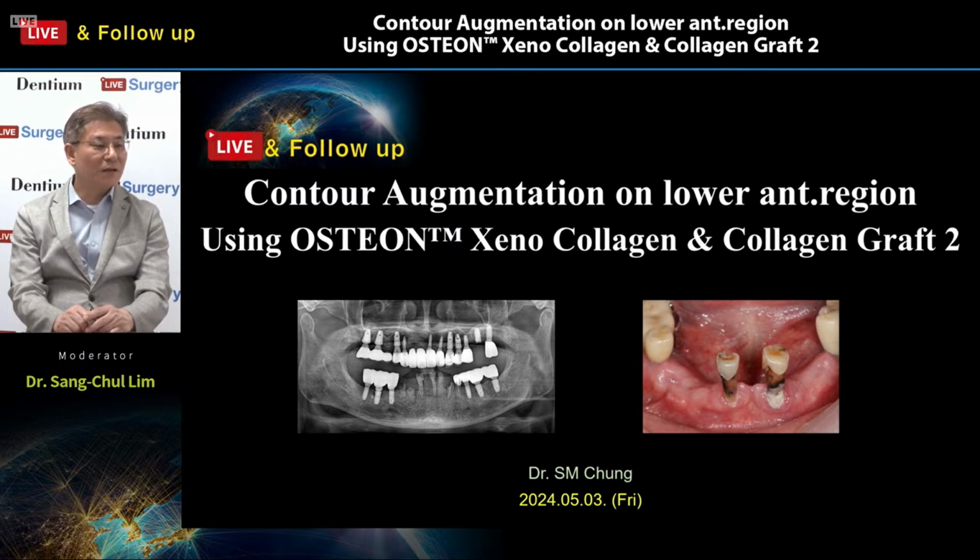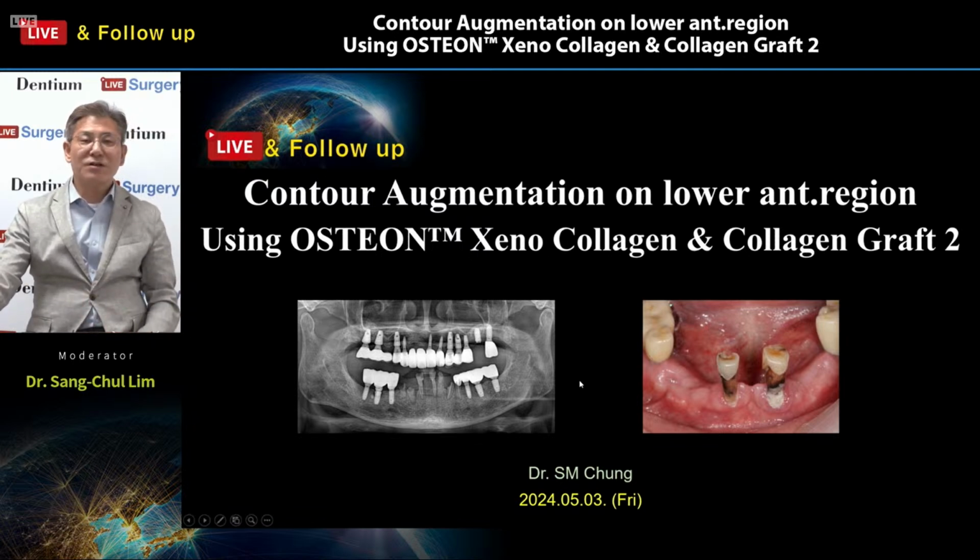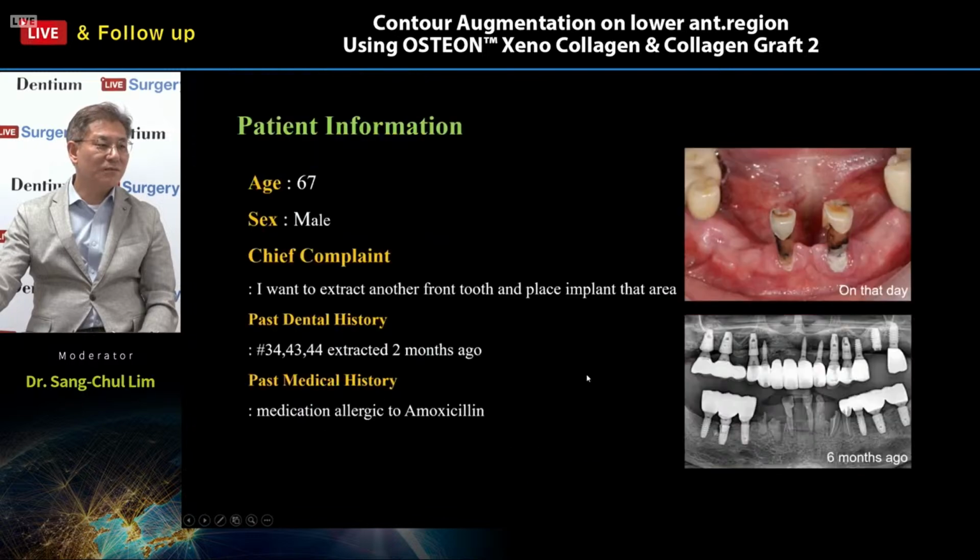Let's take a look at today's case. The title is, as I mentioned before, contour augmentation on lower anterior region using osteogenocollagen and collagen graft 2. About the patient information, his age was 67 years old, male patient.